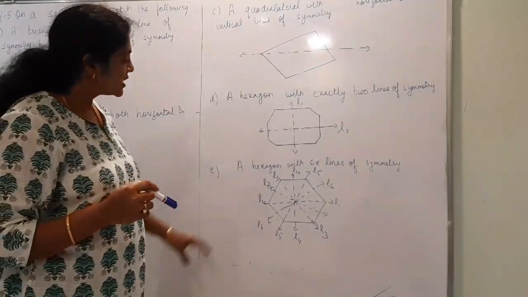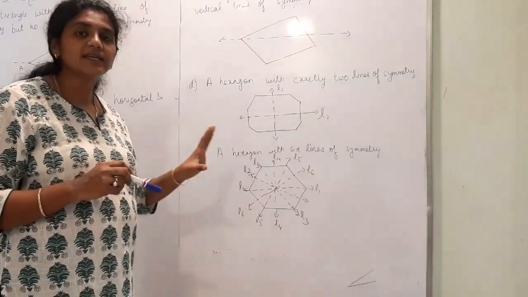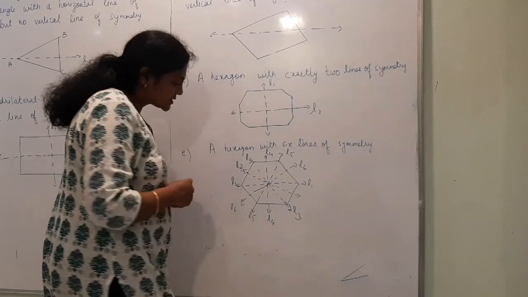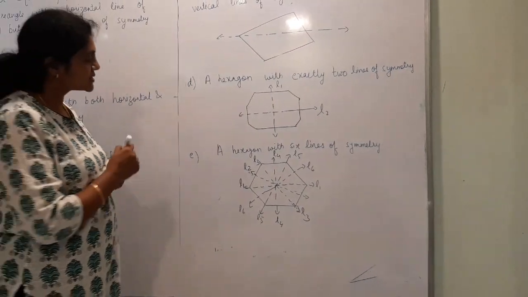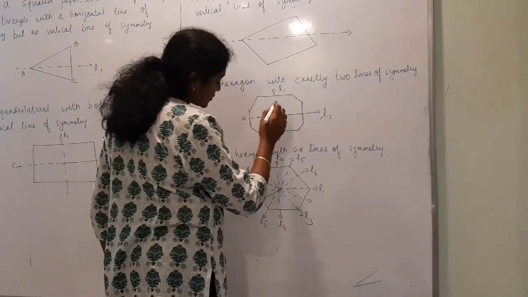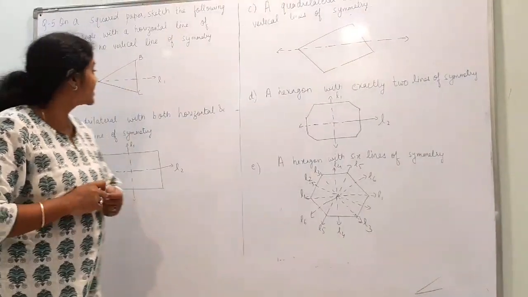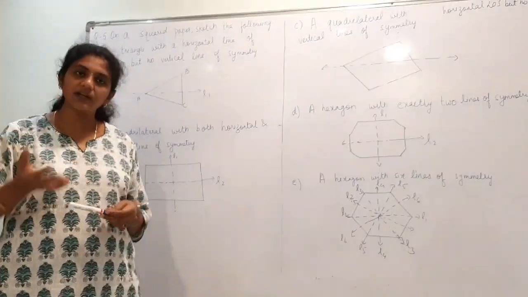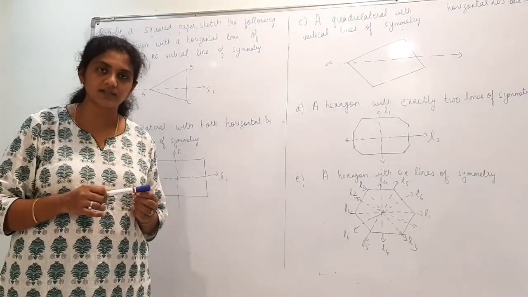So this is a hexagon with 6 lines of symmetry. So here we just have to do this. Okay, so this is question 5. Now the rest of the things you can do in your textbook itself.